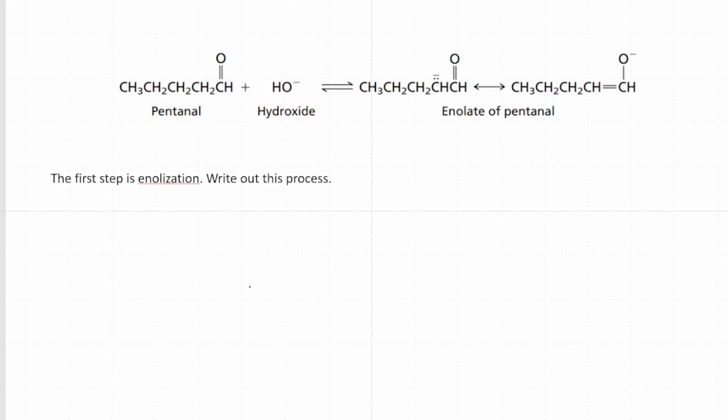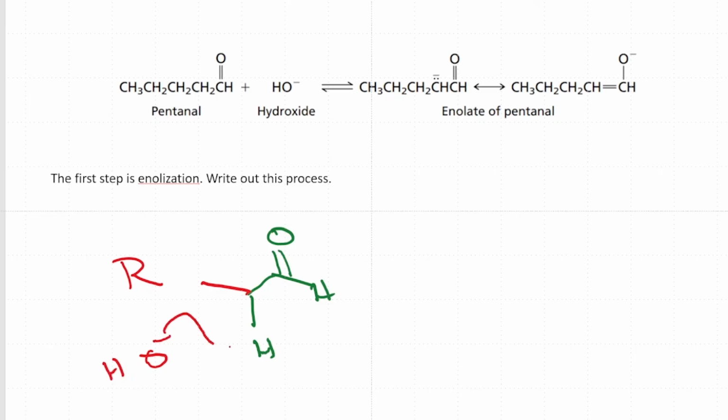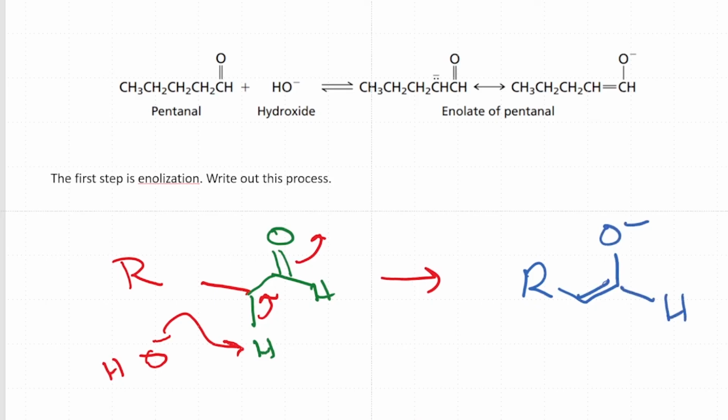To draw that out, if I assume that this is the aldehyde and here is a hydrogen, with R here, you have hydroxide attacking here and producing the enolate. This is something that we are fairly familiar with.